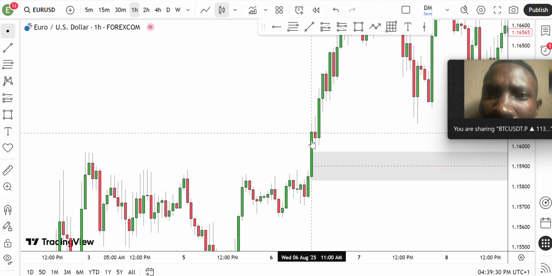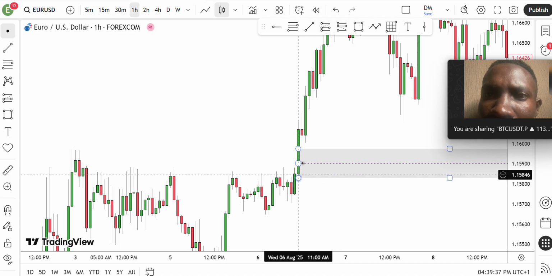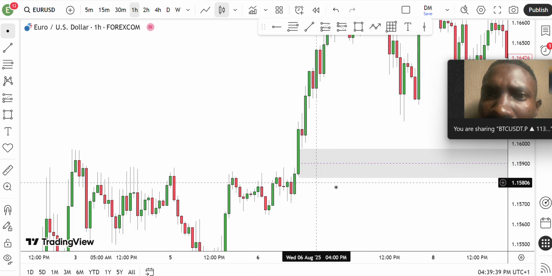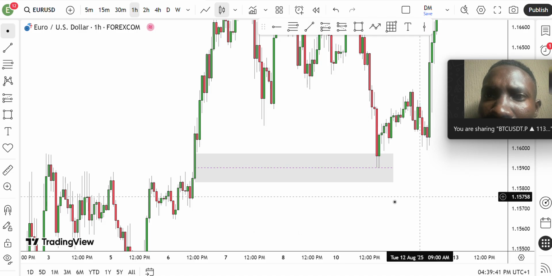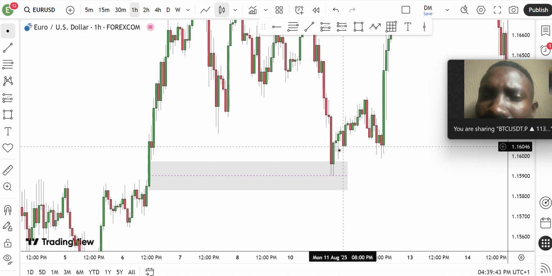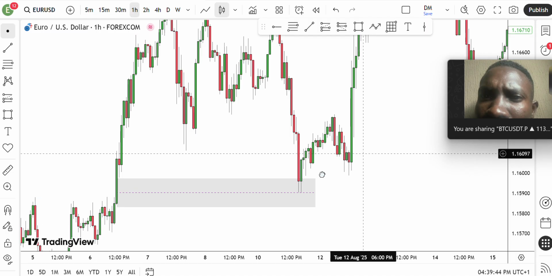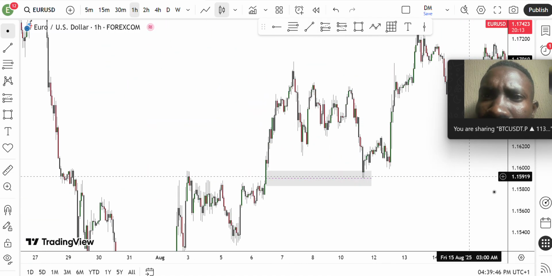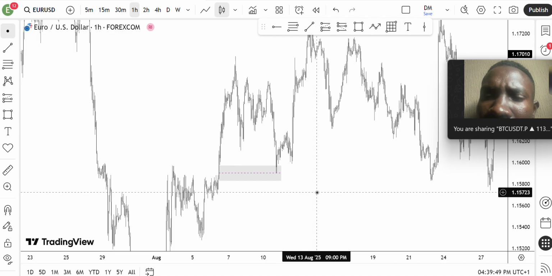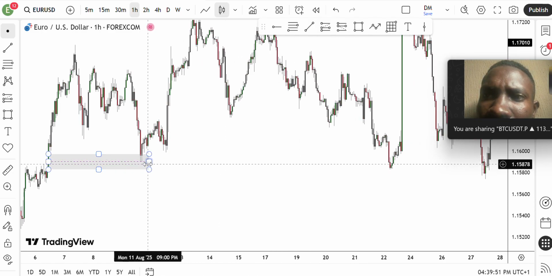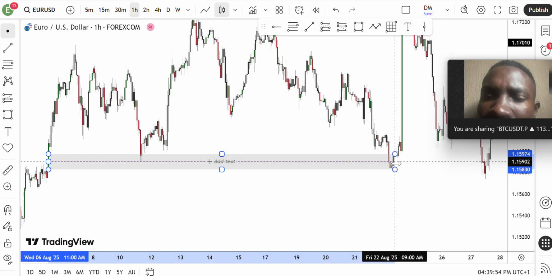When it broke through, we saw that there was a confirmation of that area, and we were able to draw our breaker block around there. And so price used it. It's continuing from there. I'll tell you that this thing failed. Do you see? Because it can't be used again. It can only be used once.